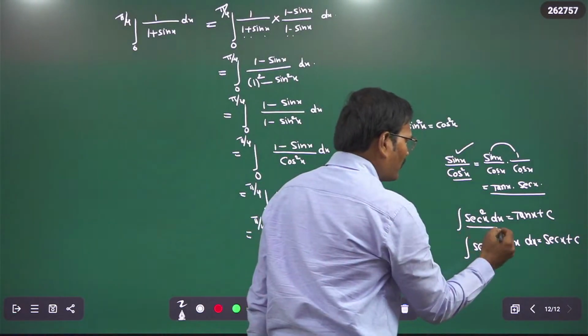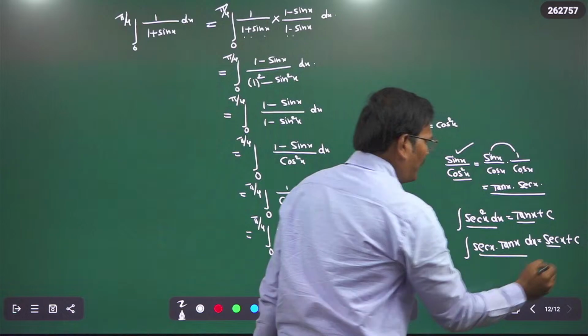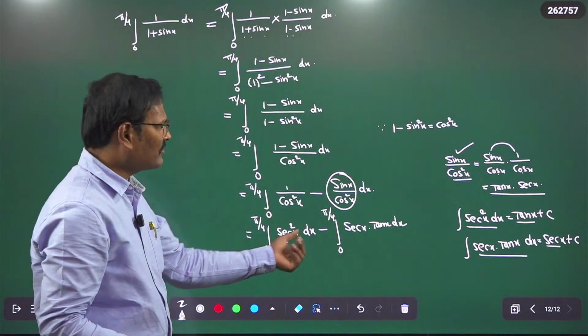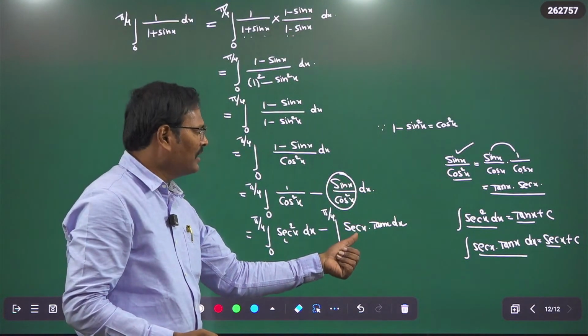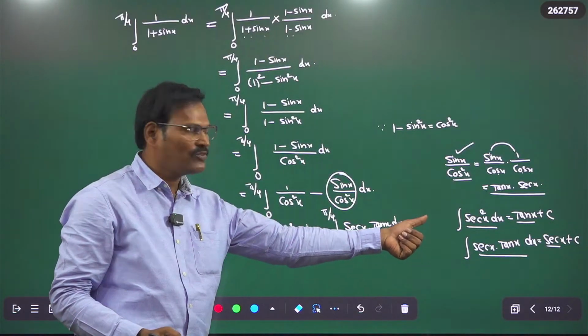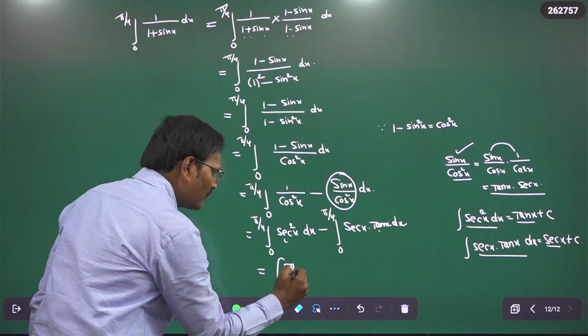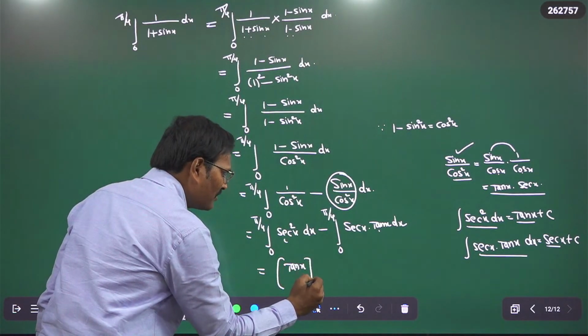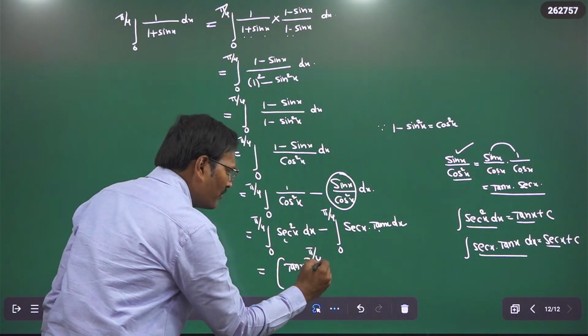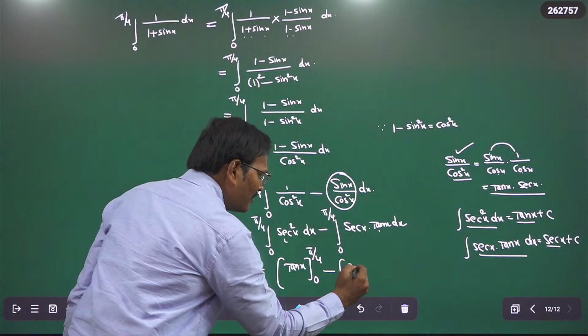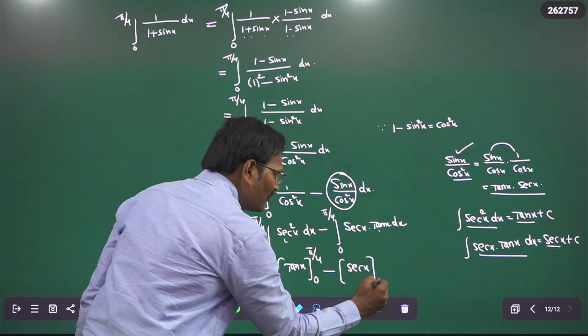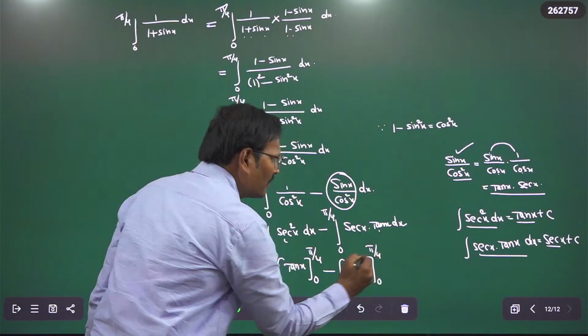So these are the formulas, no? So forget about c. Integral secant square x dx means we can write tan x. Integral secant x tan x dx means we can write secant x. So tan x from 0 to pi by 4 minus secant x from 0 to pi by 4.